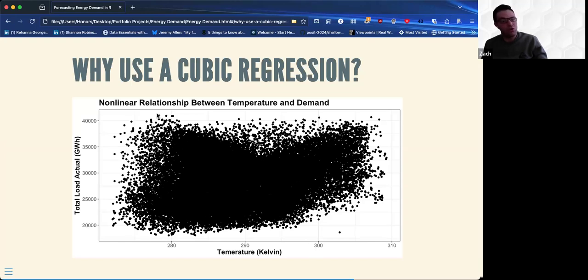It peaks in colder temperatures and also in hotter temperatures, and a cubic regression was just a good way to account for that. Going with a strict linear model wasn't the way to go here. Now, at the same time, this doesn't follow a cubic regression exactly, and so I also needed those classification terms for those seasonality terms.